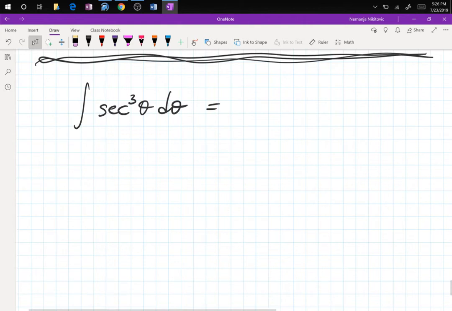I've been teaching Calc 2 for 10 years now. One of the favorite phrases before the second exam: can we please have no secant cubed on the test? But put anything else. Okay.